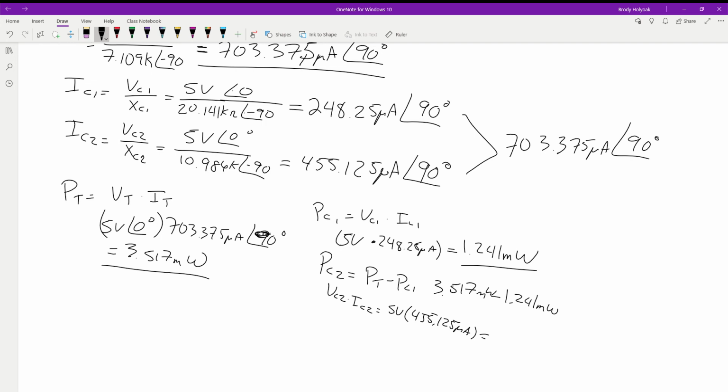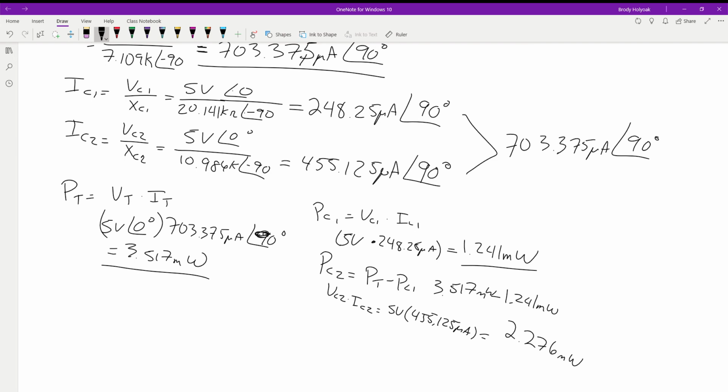C2, not power total. 2.276 milliwatts. They should both equal the same value.